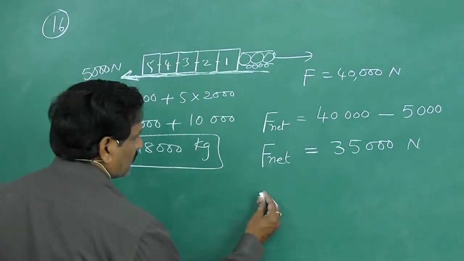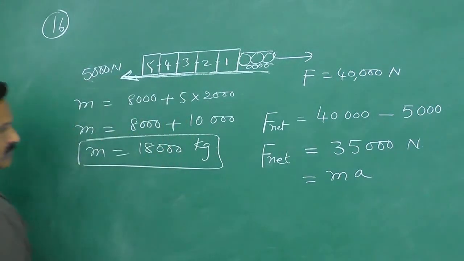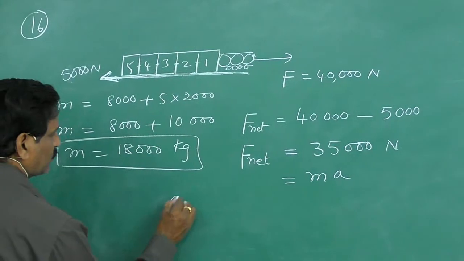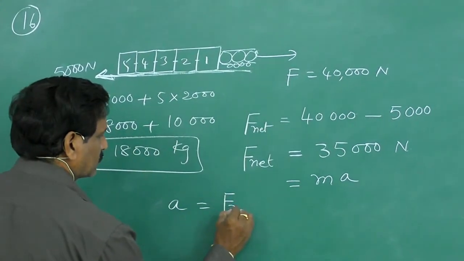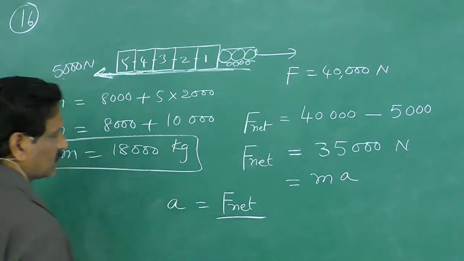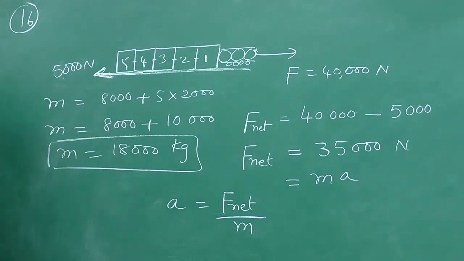So from Newton's second law you can write this as F equals ma. Therefore the acceleration produced here is A equal to the net force which causes the motion divided by the total mass of the system.